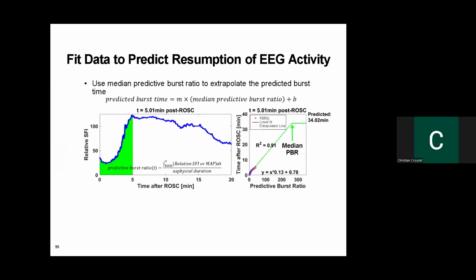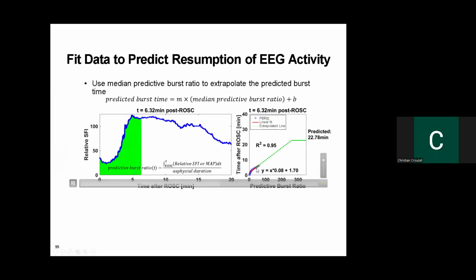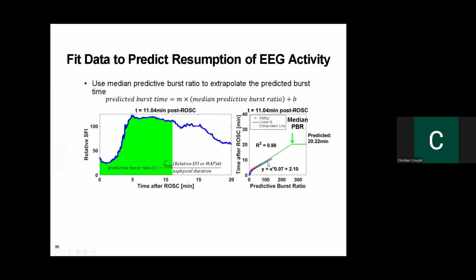So effectively, I'm going to keep on going here. This beginning portion is a little bit nonlinear, and this was more apparent the more severe the cardiac arrest was. But then at a certain point, it becomes quite linear over time. And this is the ideal portion that you would want to fit to be very accurate, because it would be a very linear line of that predictive burst ratio over time.